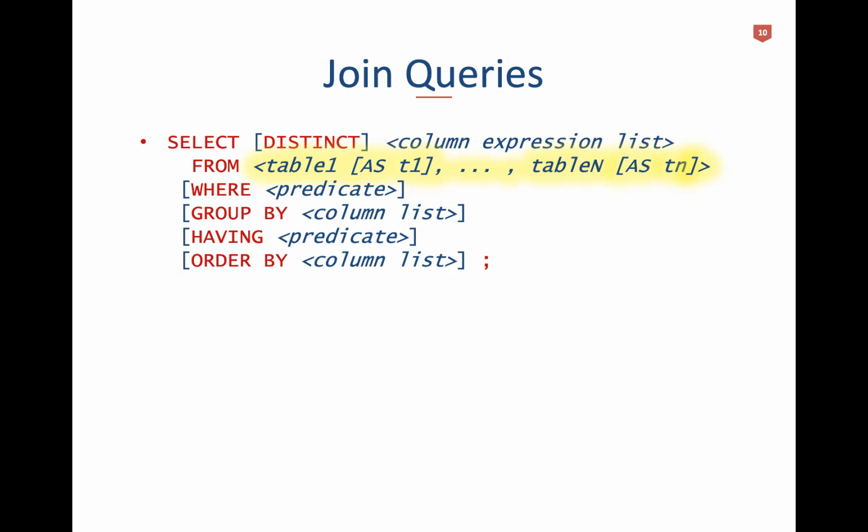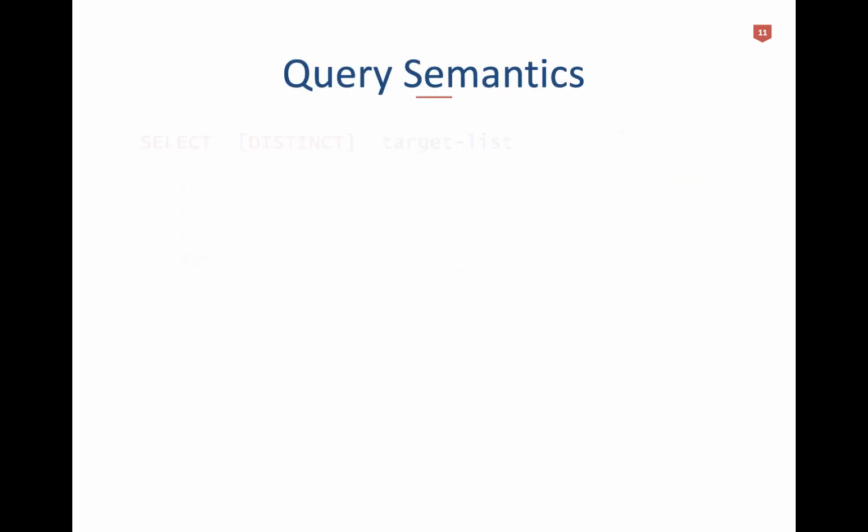So now join queries. That's the detailed syntax in general of join queries, where you could have the where clause, the group by, having, and the order by. So all of these are also feasible when you have more than one table.